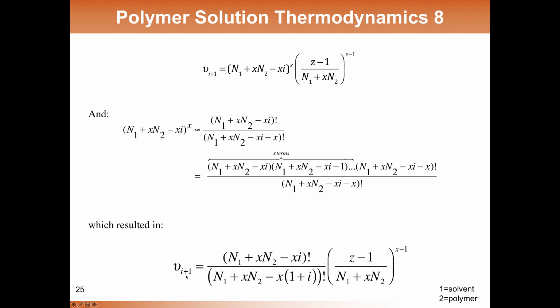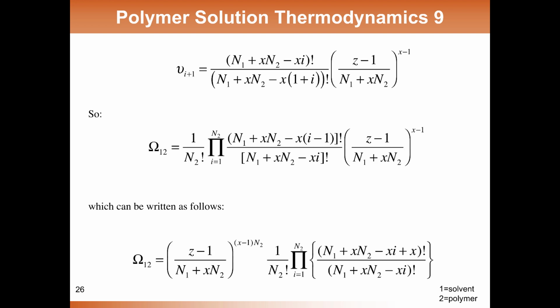And so that gives the following expression for the number of ways of arranging polymer molecule i+1 on the lattice.